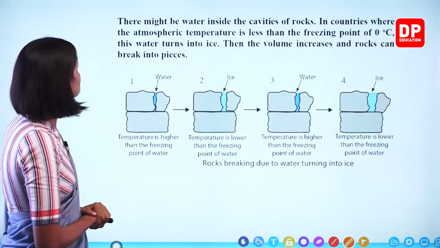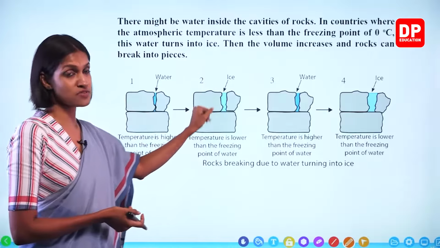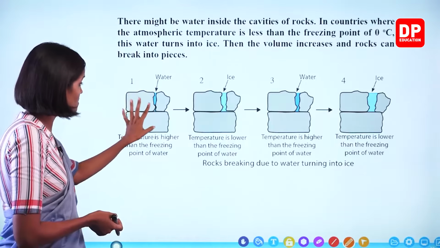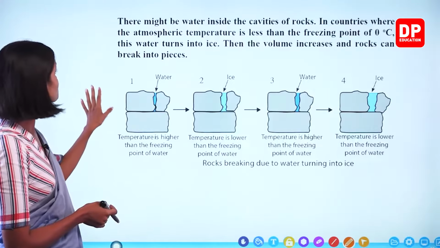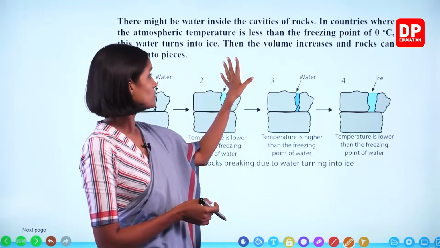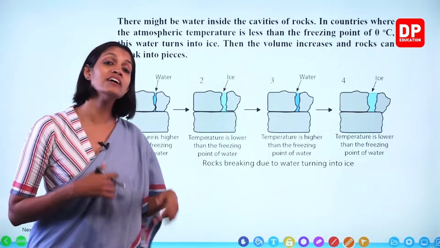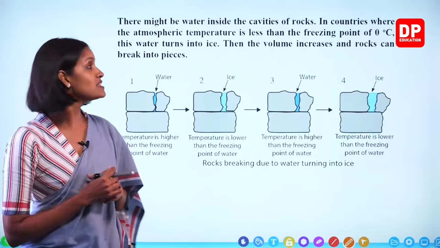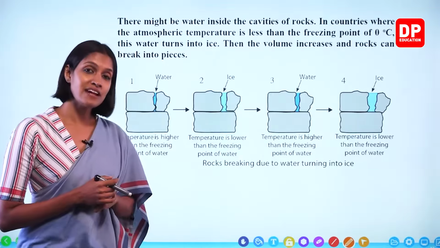There might be water inside the cavities of rocks. You must have seen some rocks that have cavities or cracks like this. Right? Consider countries where the atmospheric temperature is less than the freezing point of 0 degrees Celsius. What type of countries are they? You know that there are countries called temperate countries. These countries have 4 seasons. Right, children?